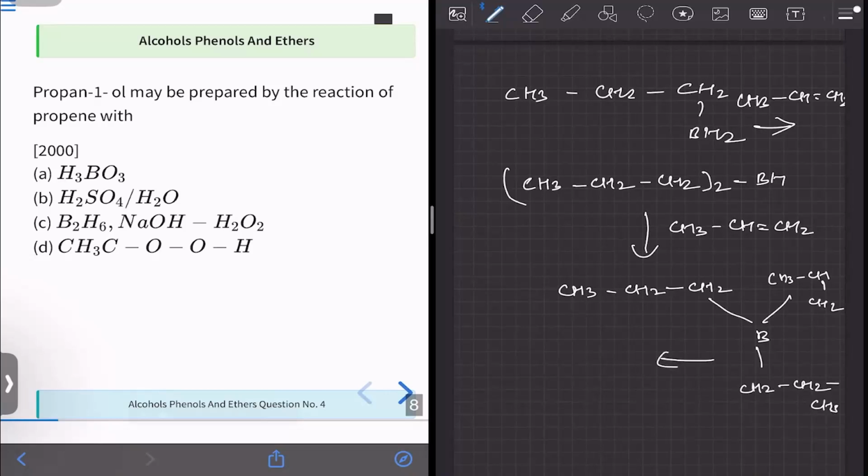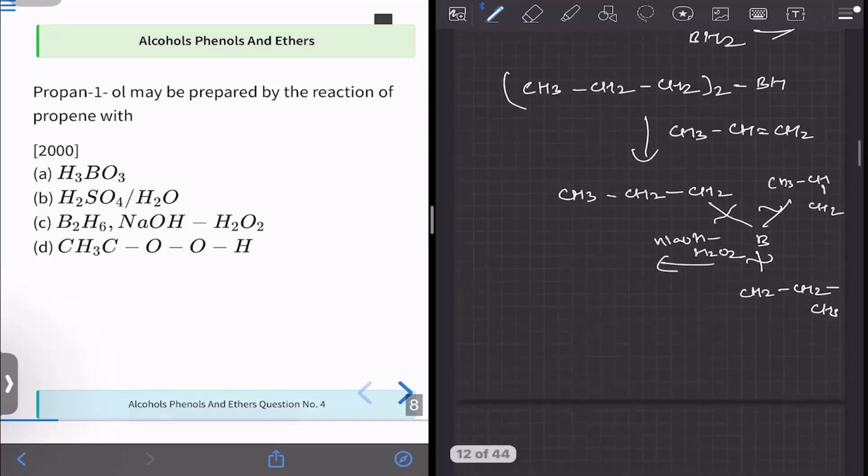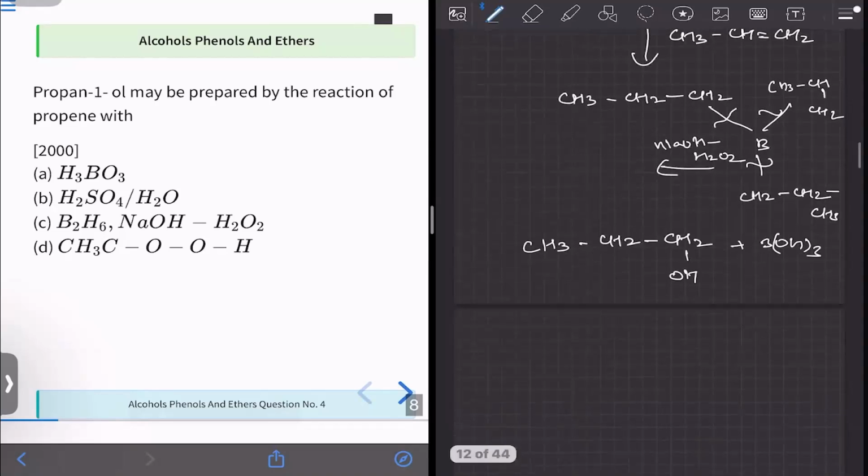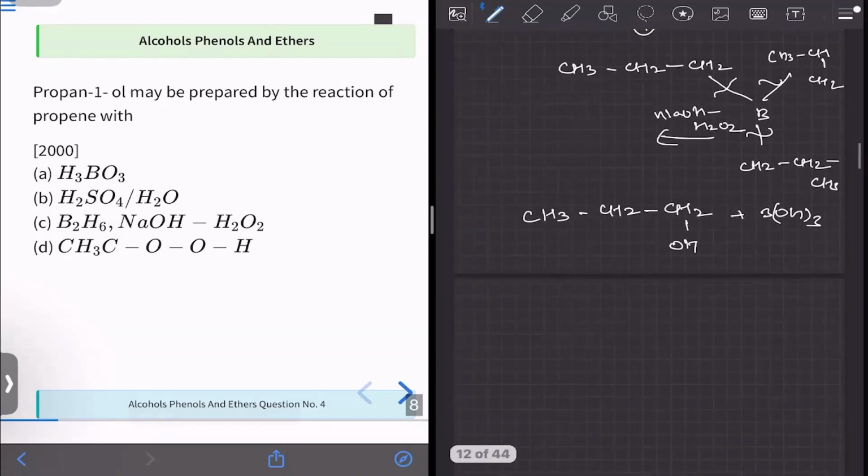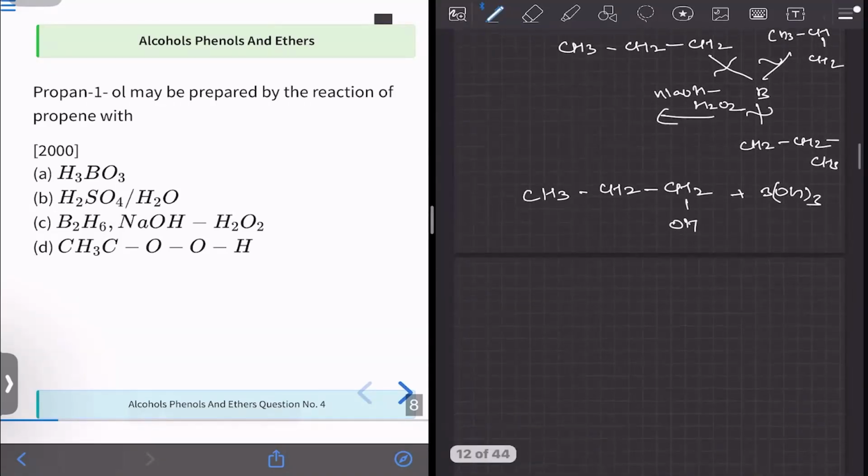On further reaction with sodium hydroxide and hydrogen peroxide, there will be breakage of these bonds. So it produces the primary alcohol CH3CH2CH2OH plus B(OH)3. So for the conversion of propene to propanol, it requires B2H6, NaOH and H2O2.